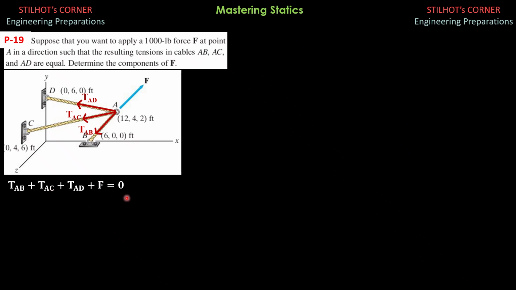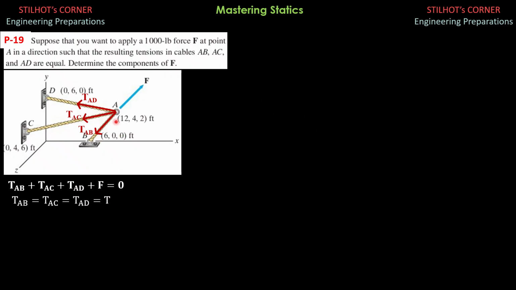So vector sum is 0 or resultant is 0. So tension AB is equal to tension AC, tension AD. Let's just call it T.